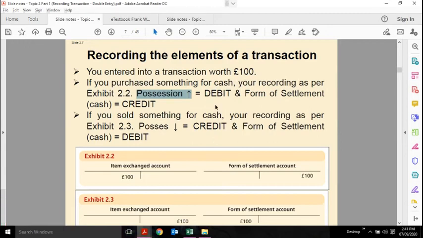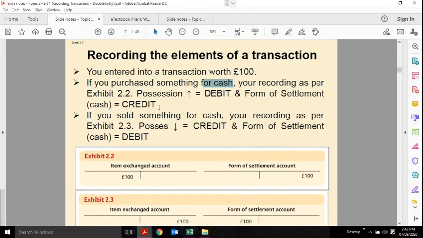So if you pay using cash, your form of settlement here is cash. Now cash is part of your assets. Cash is the possession of the business. But because you pay using cash, your cash reduces, so your possession here becomes lesser.